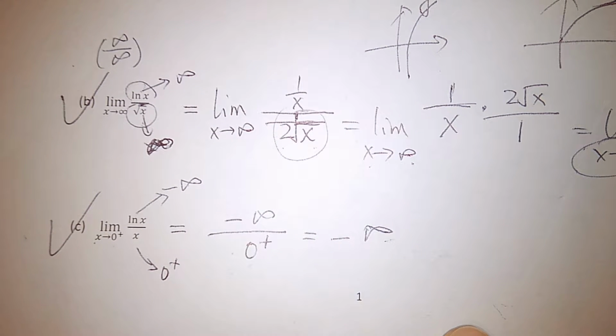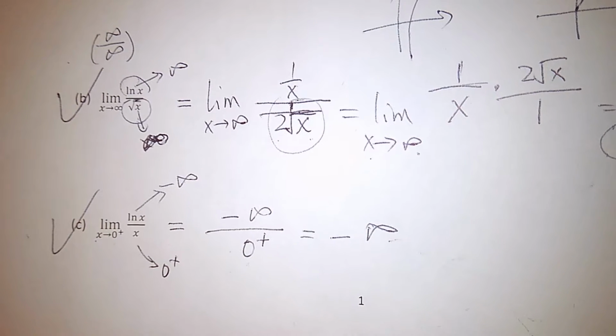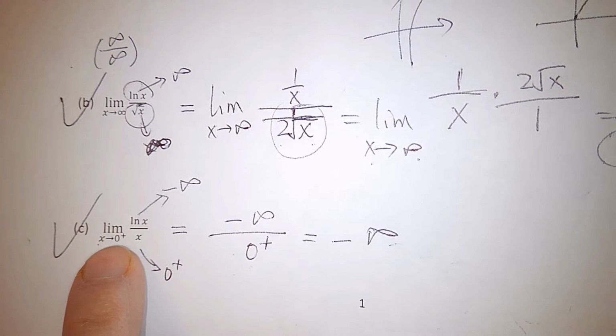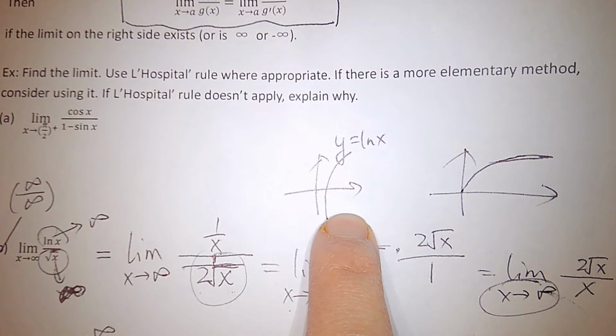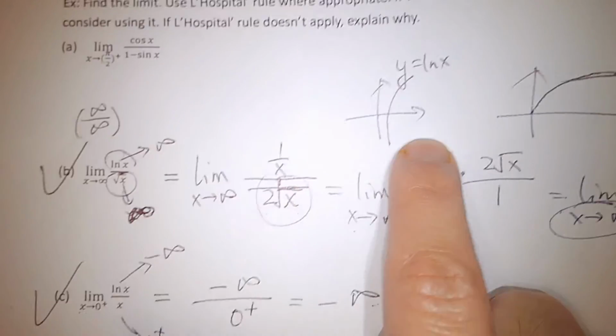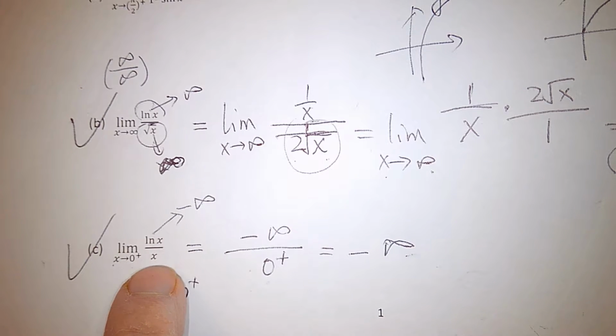I'm sorry. I'm still a tiny bit confused. I thought that the domain of ln x doesn't include 0. So how does it end up being negative infinity? Because for ln x, the graph looks like this, right? It runs away to an asymptote at 0 and runs away forever. And then this limit talks about when x goes to 0 positive.